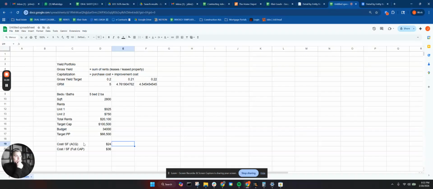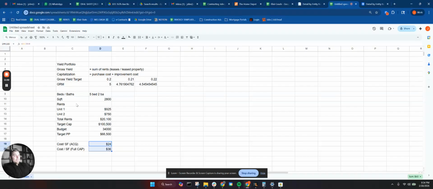So what you have to watch out for in deals like this is having really strong budget underwriting and understanding the underlying assets and the cost to maintain them, as well as the cost to improve them, which is what we talk about. Really, it's already a crazy bargain at $24 per square foot or $36 per square foot.